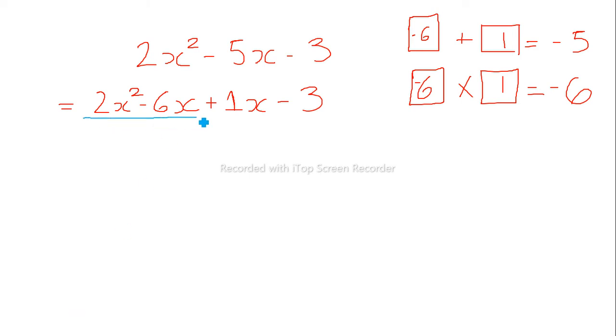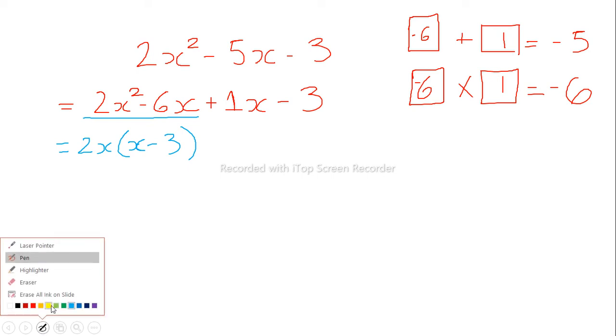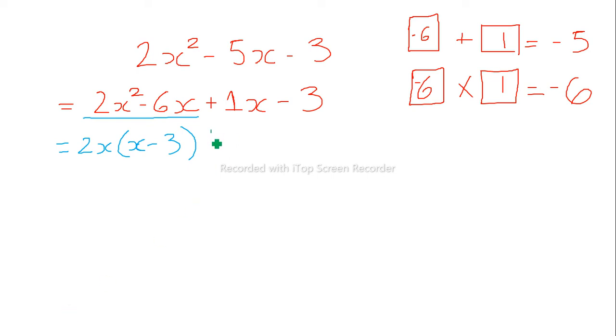So now let's factor it. It's going to be equal to 2x, open bracket, x minus 3, close bracket, plus 1, open bracket, x minus 3.